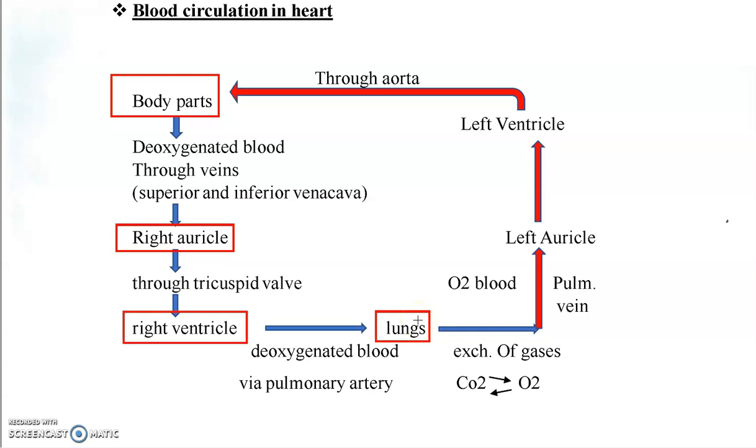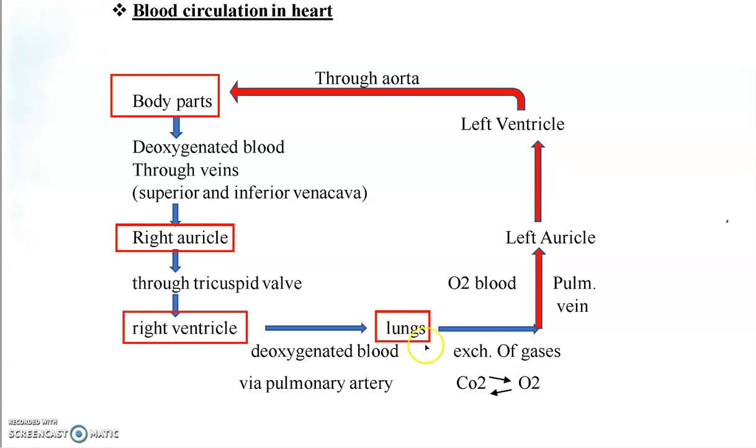Once the deoxygenated blood reaches the lungs, we know that exchange of gases happens here. This carbon dioxide is given away by the lungs and the lungs take in oxygen. When we studied the process of respiration, we studied that exchange of gases happens in the lungs through alveoli.